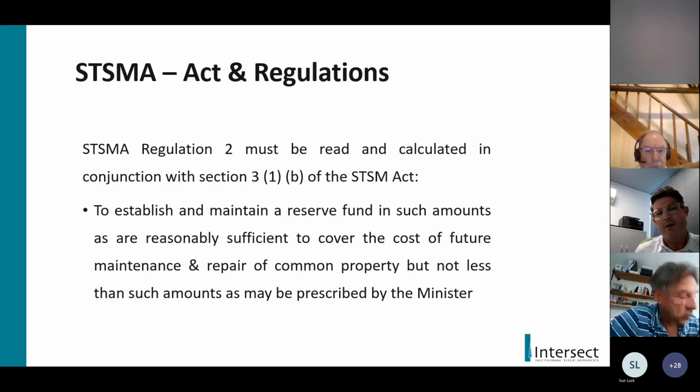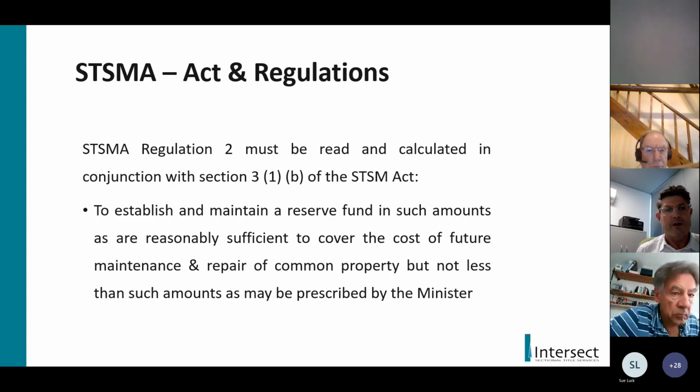So the reason why this is important is that as you can see in terms of 3(1)(b), it talks about future maintenance repair of common property. And we're all very familiar with the maintenance, repair and replacement plan, or your 10-year maintenance plan. So why this is important is that you need to do a certain calculation to determine what your contribution is going to be to your reserve.